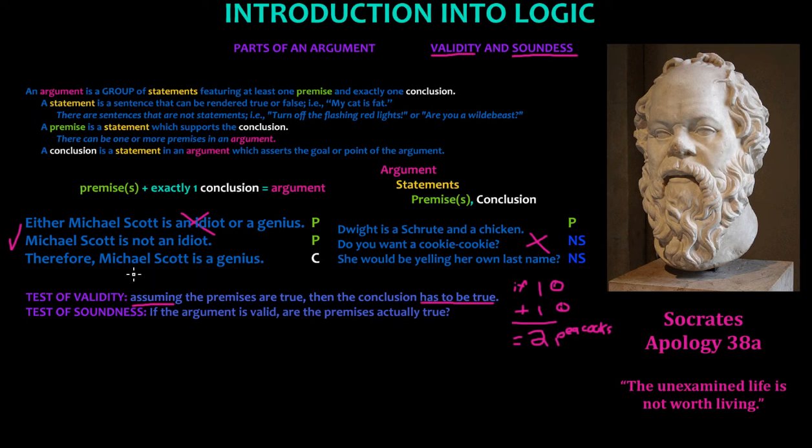So our question is, if these premises are true, is it logically correct to deduce the conclusion from the logical flow of these 2 premises? In this case, yes, it does. If Michael Scott, for a fact, is either an idiot or a genius, if one of these 2 categories is absolutely true, and he is not this category, if he is not an idiot, then it's left that he has to be a genius.